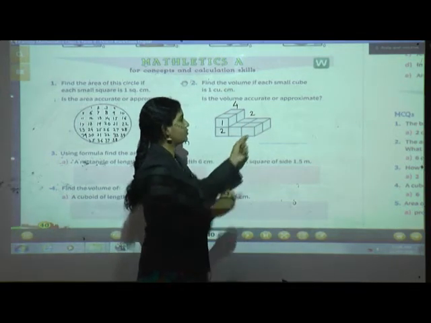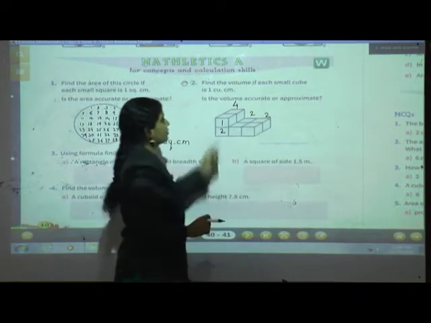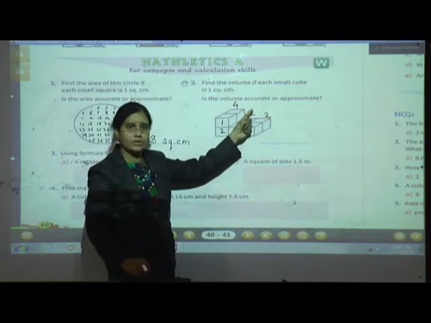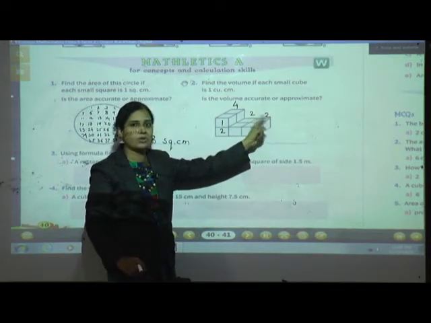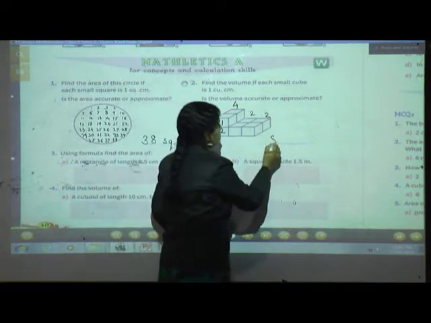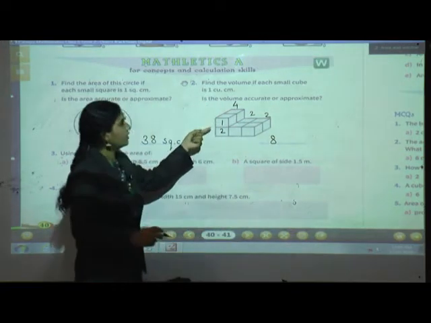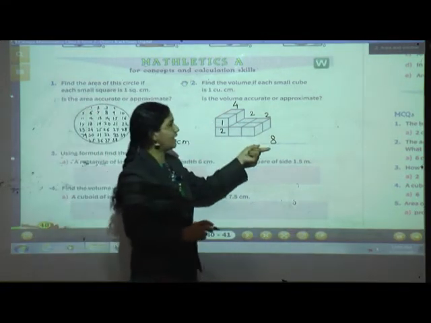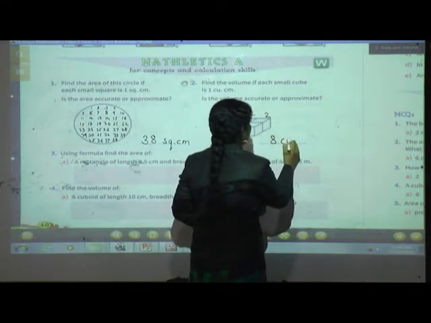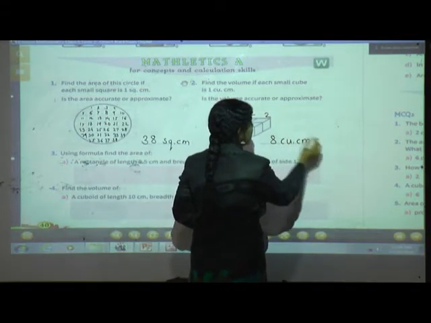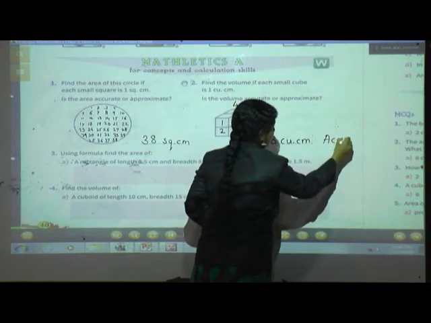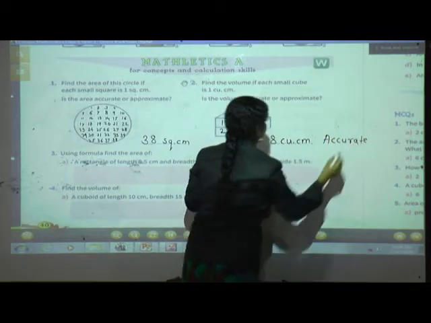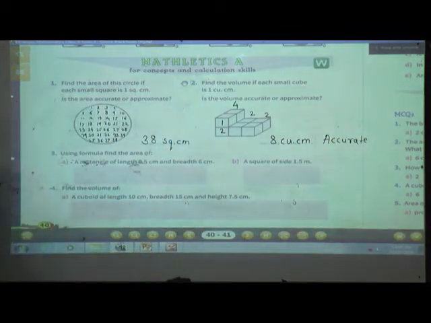Now here also 2 cubes. So add it. 4 plus 2, 6. 6 plus 2, 8. Very good. So the volume of this figure is 8 cubic centimeter, and this one is an accurate volume. Understood?